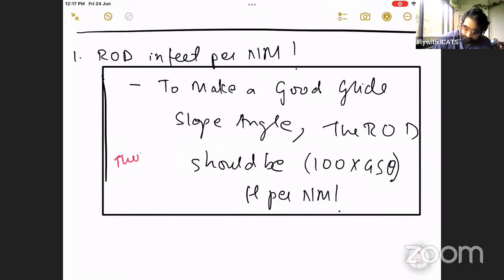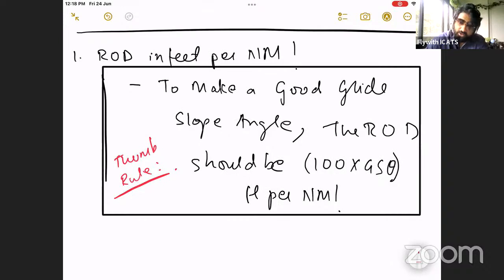It's a technique that will be very useful to you for the rest of your life as a pilot. In order to make a good glide slope angle, if you want to figure out what is my good angle, you can determine it easily by finding the ROD, and the ROD would be 100 into that particular glide slope. This is in terms of feet per nautical mile, not feet per minute.